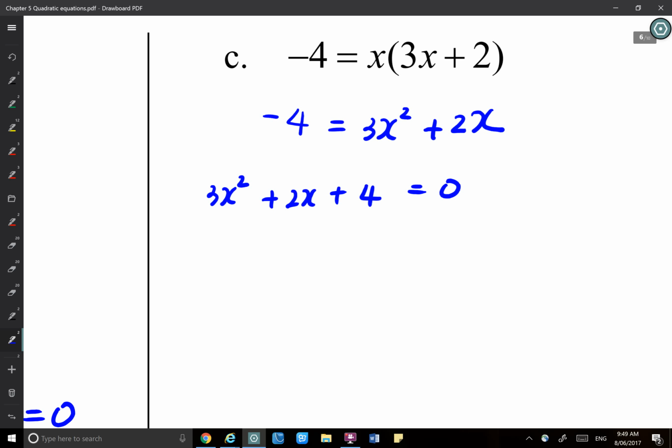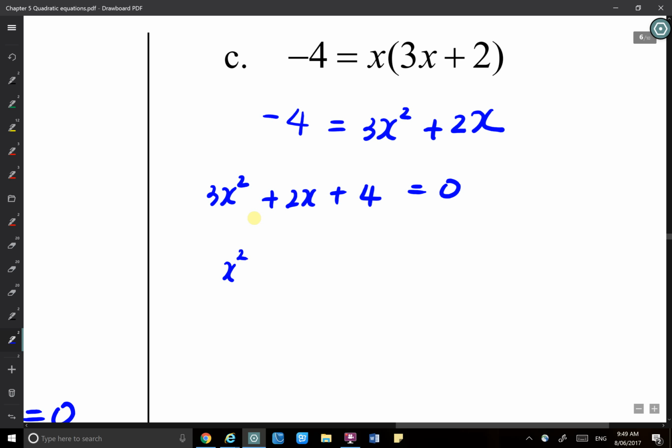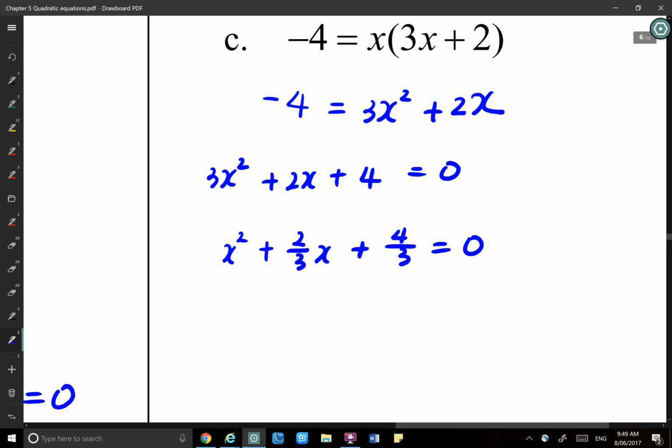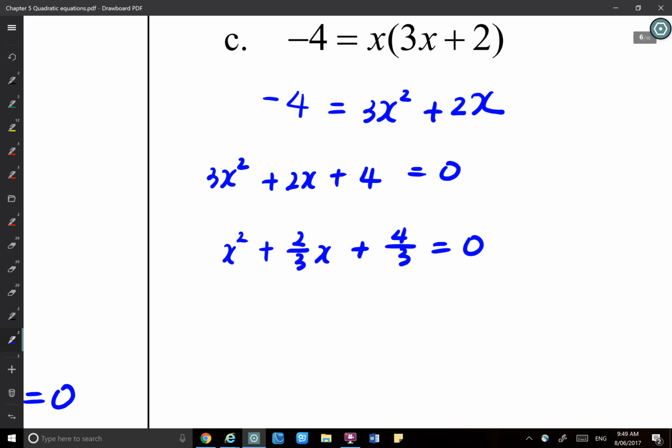I can divide 3 directly on every term on both sides of the equation. So I can have x squared plus 2 over 3x plus 4 on 3 equals to 0. Why do I do that? Because I want a single x squared. Why can I divide 3? Because I have an equation and I can divide 3 directly.